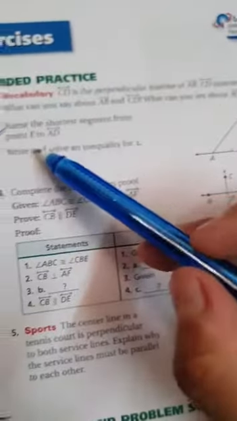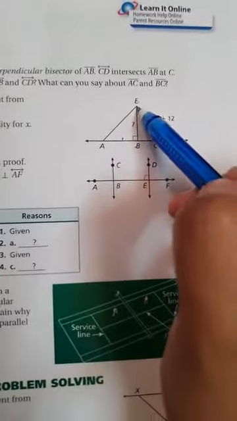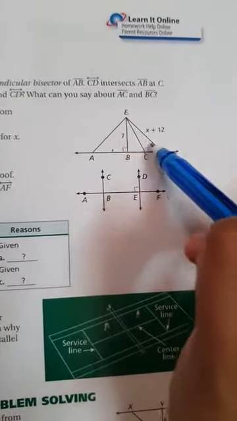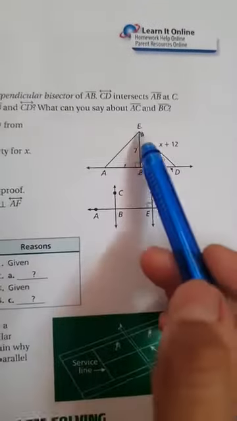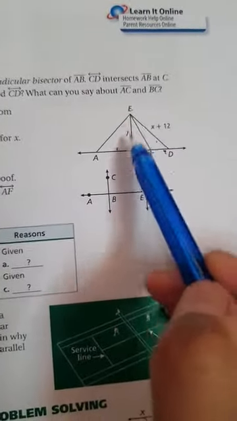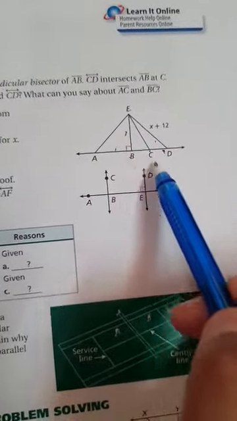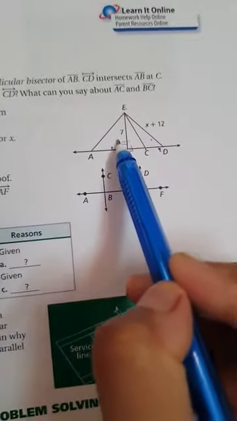So the question is, name the shortest segment from point E to AD. So this is point E, where I showed you we have 4 lines. So which is going to be the shortest line segment? Is it going to be EA, EB, EC or ED? Of course it's going to be EB, because that's where they showed us that it is perpendicular, right?